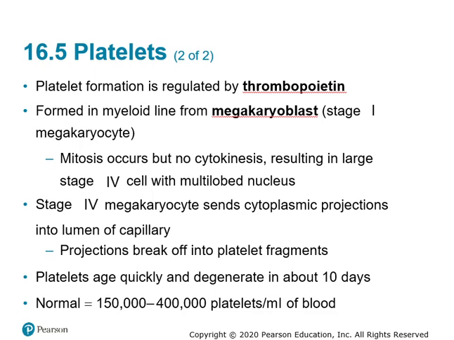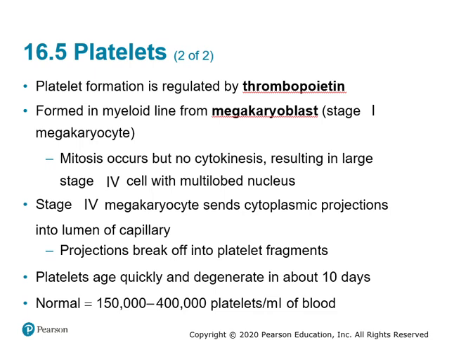So it just gets bigger and bigger as we move towards stage 4. The stage 4 megakaryocyte sends cytoplasmic projections or extensions into the lumen of sinusoidal capillaries, which are very porous. But the whole cell is too big to get out, so these projections break off into platelet fragments.